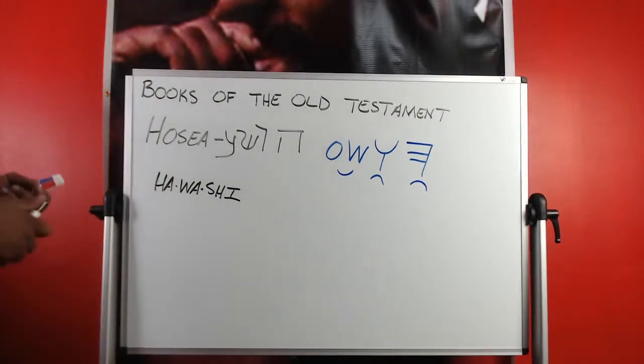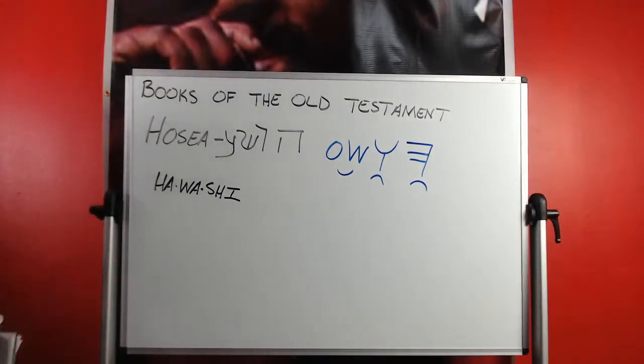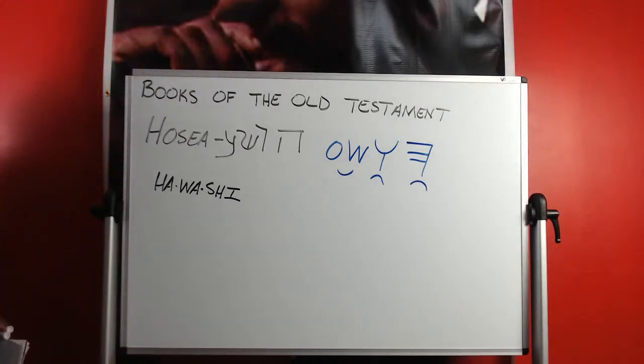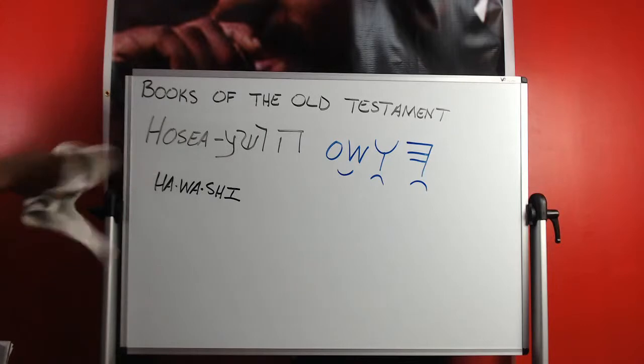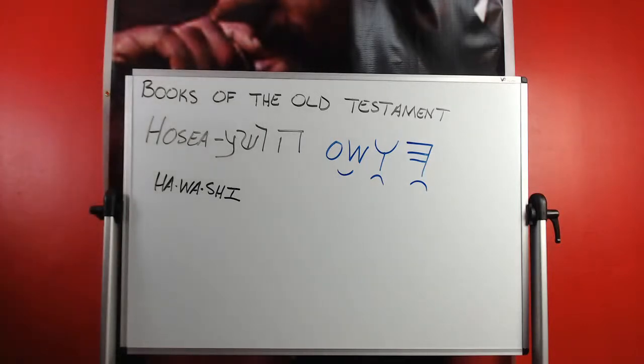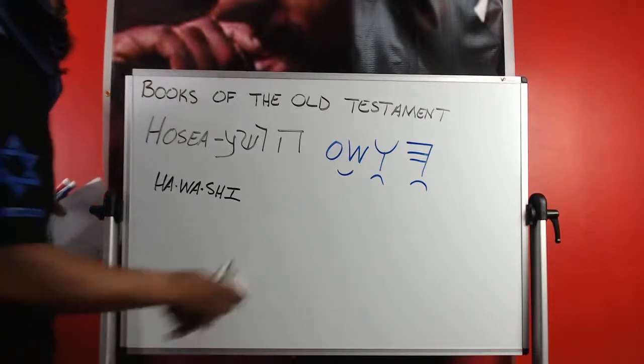Yahushai is Hosea. All right, everybody have that written down? If you want to be able to, you need time to write it down too. No sweat. We can try that next time, all right?